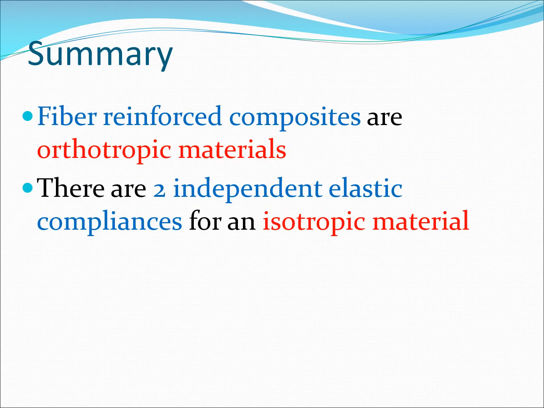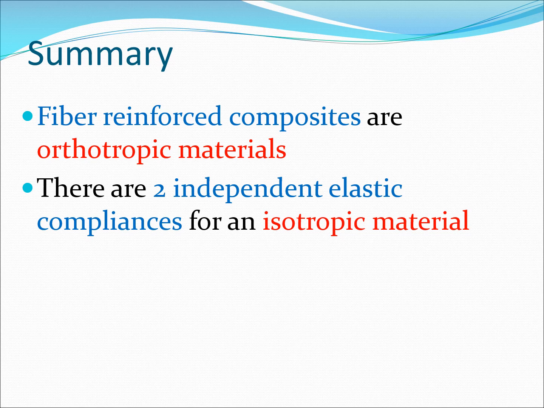Now we saw that fiber reinforced composites are orthotropic material, and what happens here is that the x1 direction is the fiber direction and the remaining two directions are the transverse direction. And here also for a composite material you typically have 9 material properties which you need to determine to do various calculations.